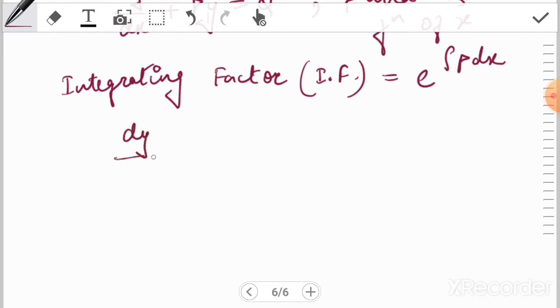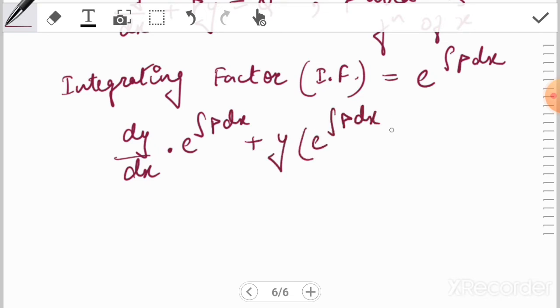So dy by dx e raised to the power integral p dx plus y e raised to the power integral p dx times p is equal to q e raised to the power integral p dx.